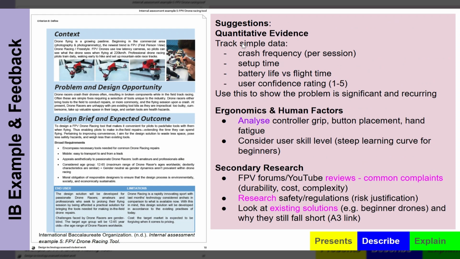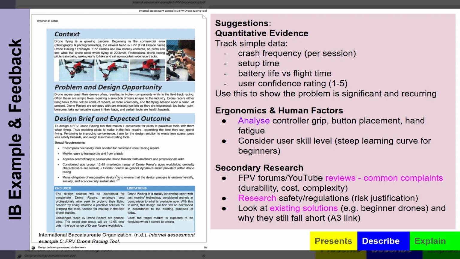They could have also looked at quantitative evidence: crash frequency, setup time, battery life versus flight time, user confidence rating. They could have looked at ergonomics and human factors, analyzing controller grip, button placement, hand fatigue, considering user skill, and then secondary research. They could have looked at forums, YouTube reviews, research safety, and looking at existing products, which is kind of your A3 link also.